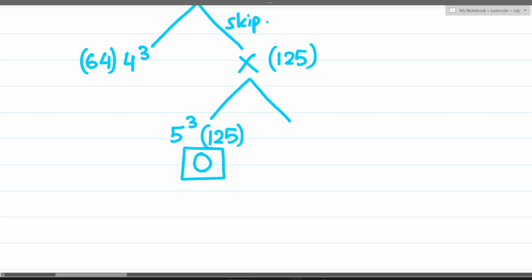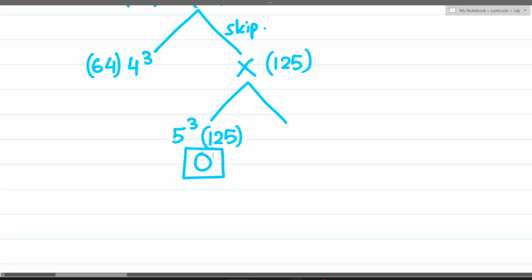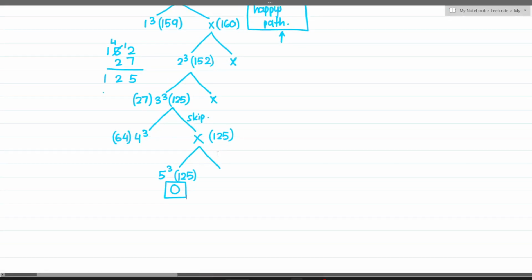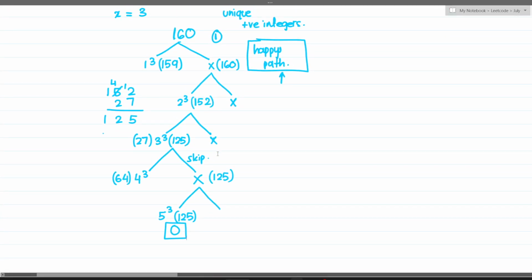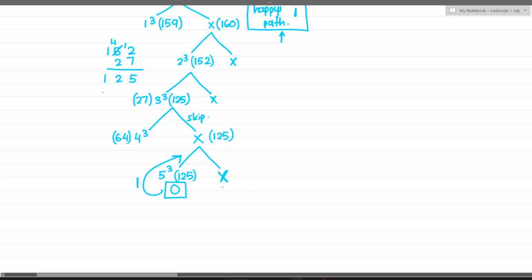As soon as you get a 0, you know that the path which you have drawn is 101% correct. So I'm going to return 1 from here. Now what does this 1 indicate? This 1 indicates that you have successfully found one happy path. And for example, I could have skipped 5 to the power 3.